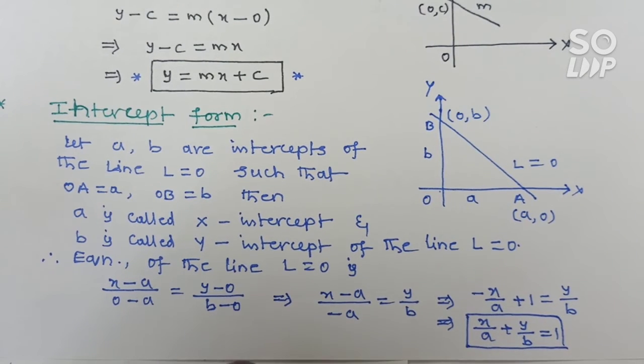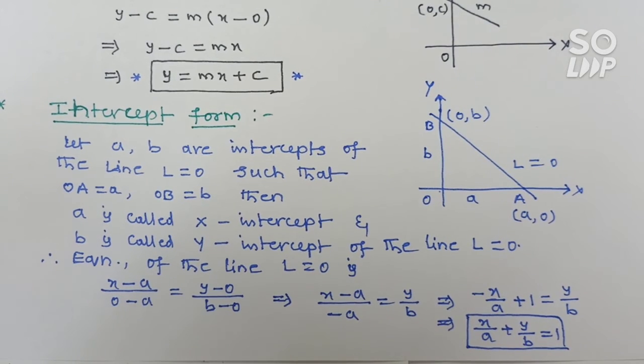Now some other deductions come from this concept, and we will see them now. Therefore, the equation of the straight line in the intercept form is x by a plus y by b is equal to 1. Right?